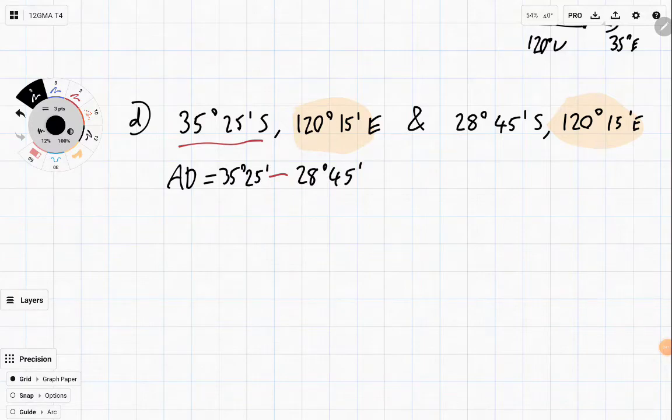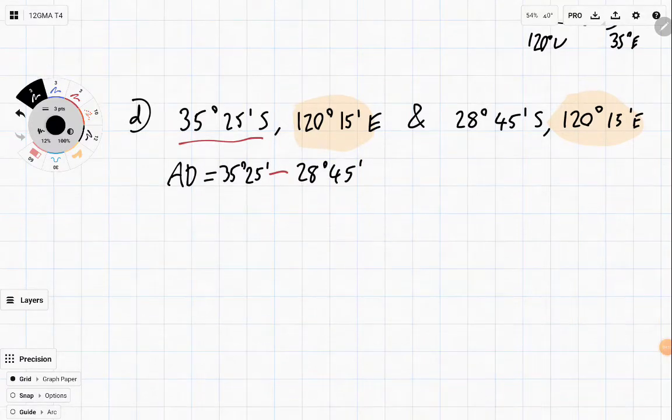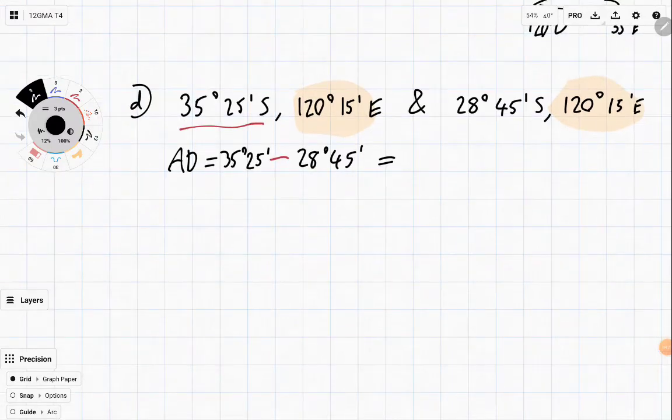And you might go, I actually don't know how to do this. There's a few ways we can get around this. And the easiest way to deal with this is to actually write them differently. Write it like we used to do subtraction. 35 degrees, 25 minutes, subtract 28 degrees and 45 minutes. And let's do it this way.